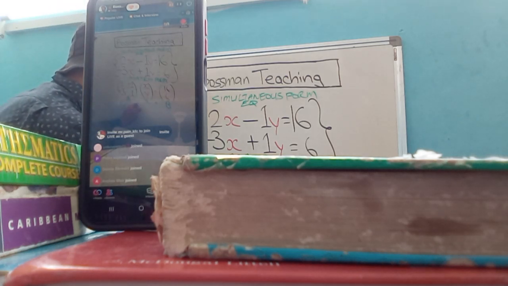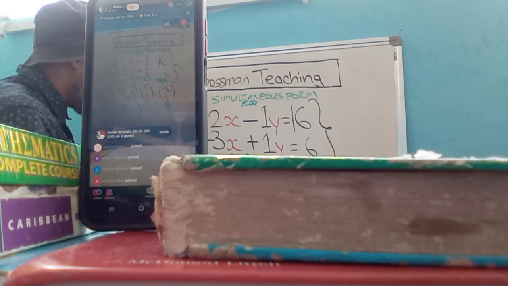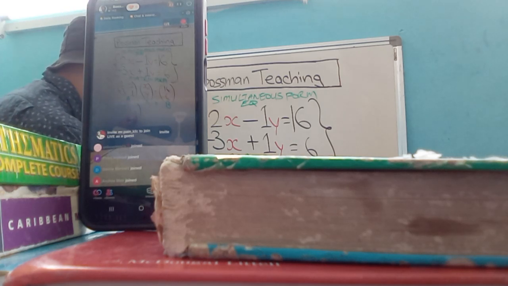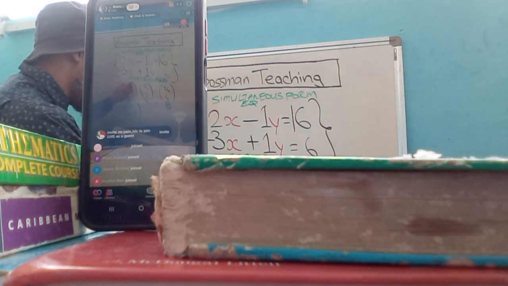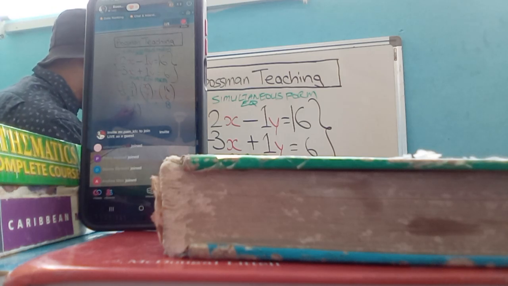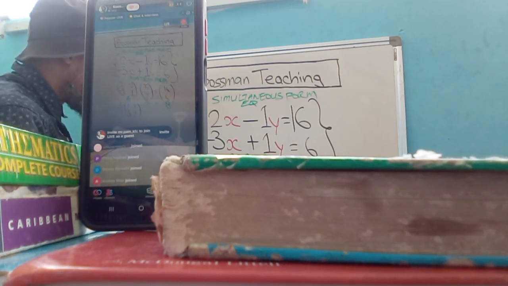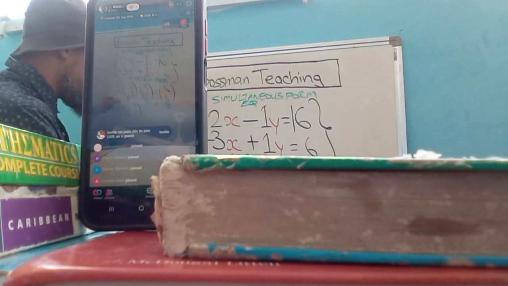And then the adjoint of it: 1 goes up here, 2 goes down here. Minus times minus becomes positive 1. So this is the inverse of A.